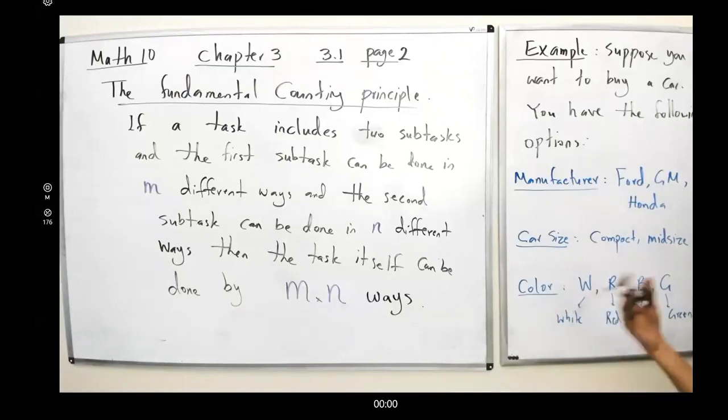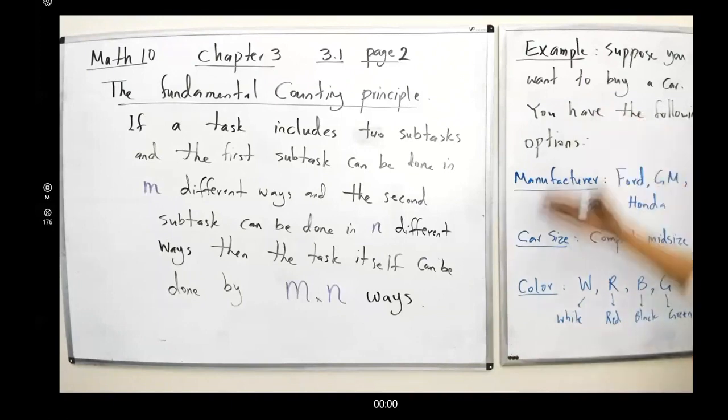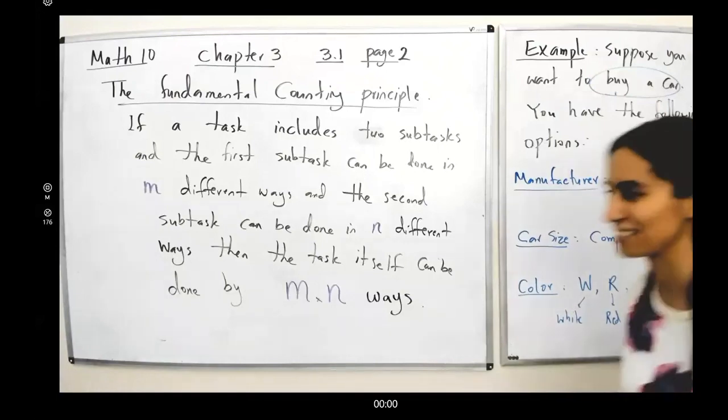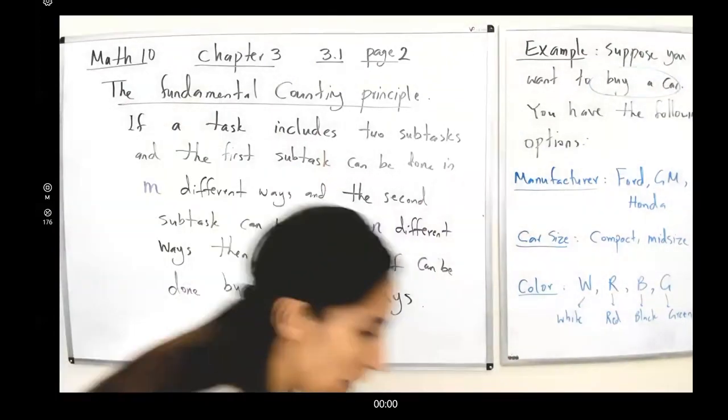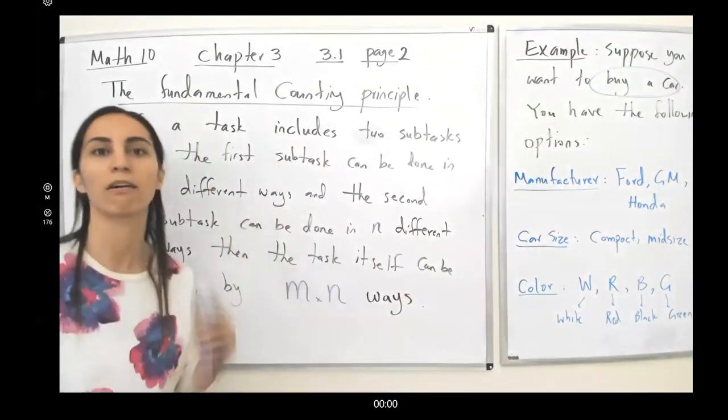Well, how many options do you have? Here you have a task of buying a car, and it has 3 subtasks. Each subtask has its own options. How many options are available for you? In how many ways can you actually buy a car?